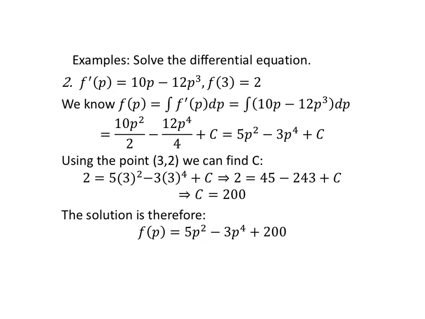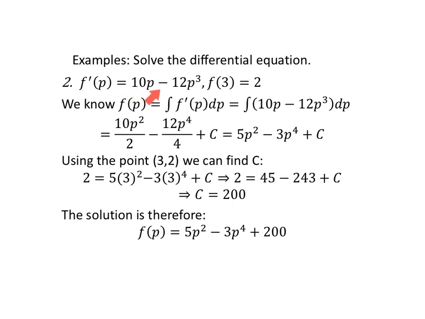Solve the differential equation, same thing, only now the variable is different. F prime of p is 10p minus 12p cubed. And we want the particular solution where the function evaluated at 3 equals 2. First step, find the antiderivative.